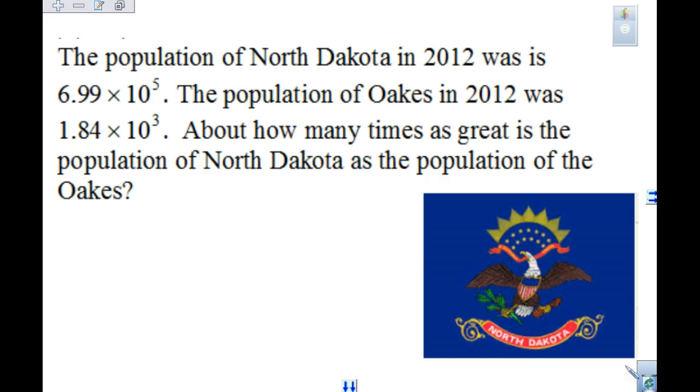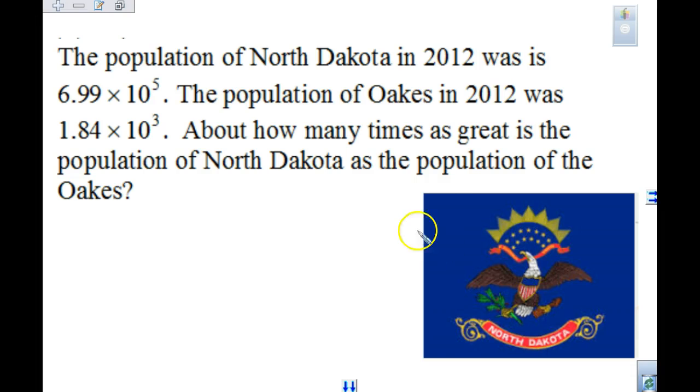Outside of Fargo, kind of going towards Fargo and maybe Bismarck, Jamestown, I'm not exactly sure. Has a population of 1.84 times 10 to the 3rd. Is there many people in Oaks? Like 1,840 when they did this, right? Does that make sense? 1,000.